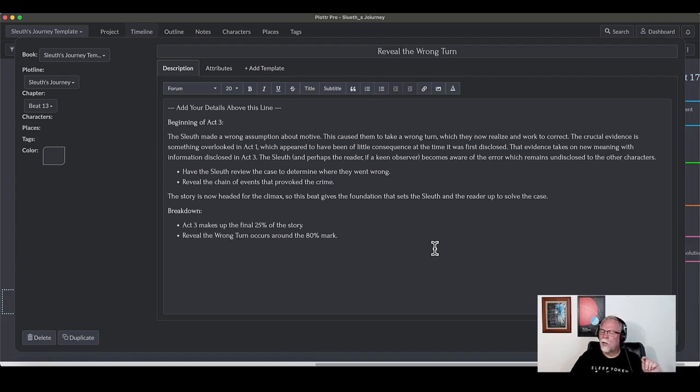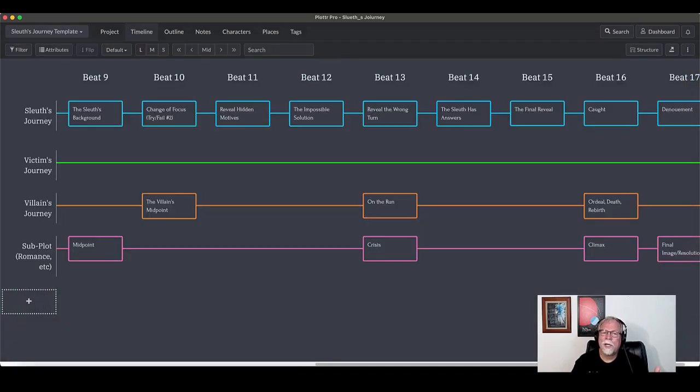Okay, so it's the obvious and inevitable conclusion. Okay, have the sleuth review the case to determine where they went wrong and reveal the chain of events that provoked the crime. At this point, we don't necessarily know who did it. Okay, but we do know that there's a foundation here that's going to allow us to solve the case.